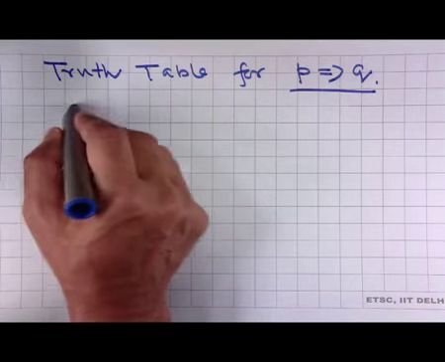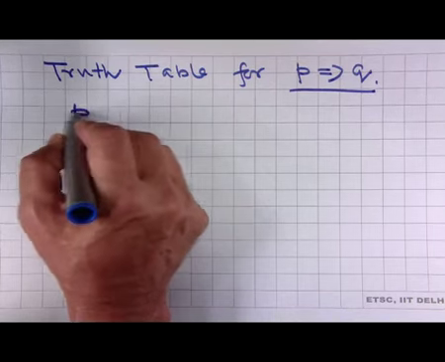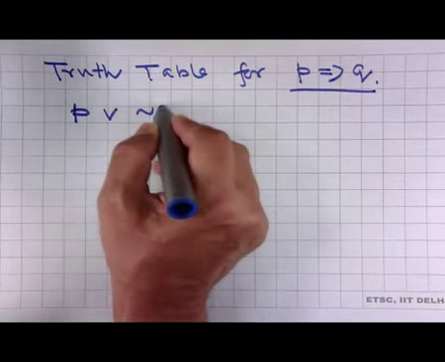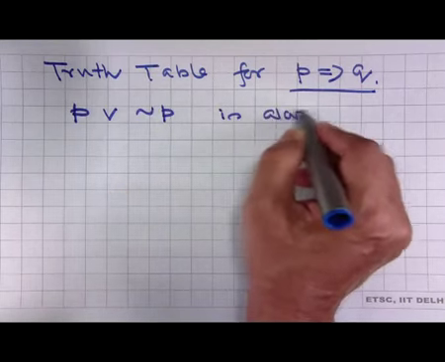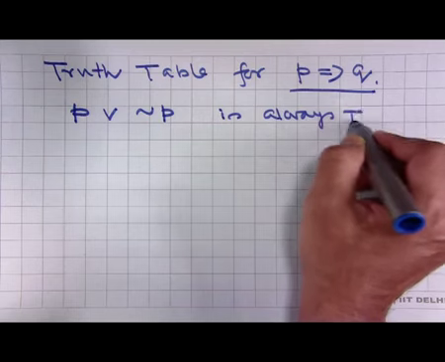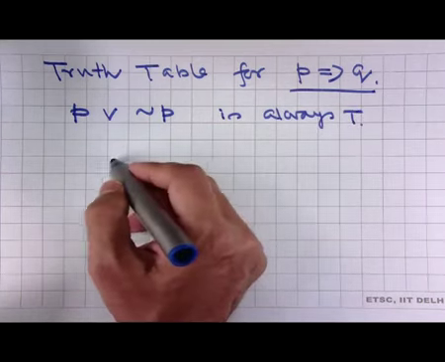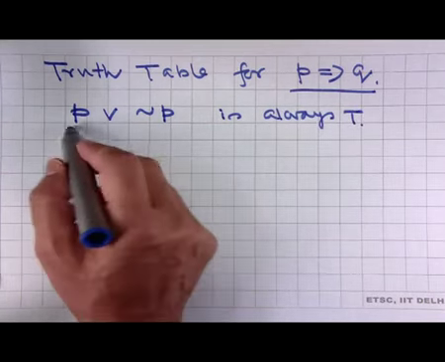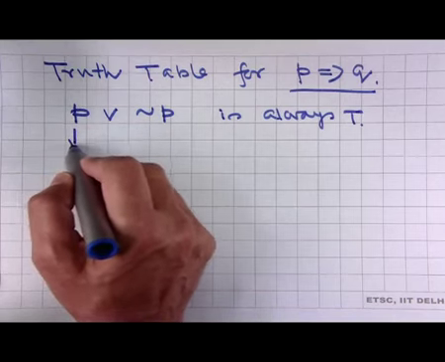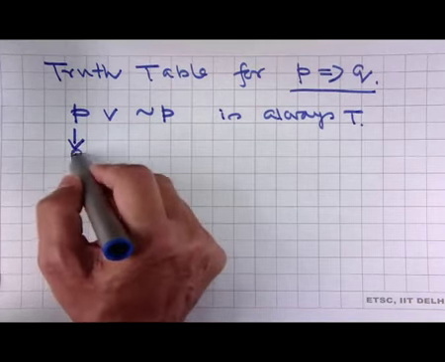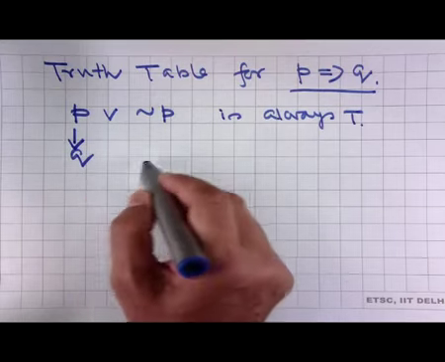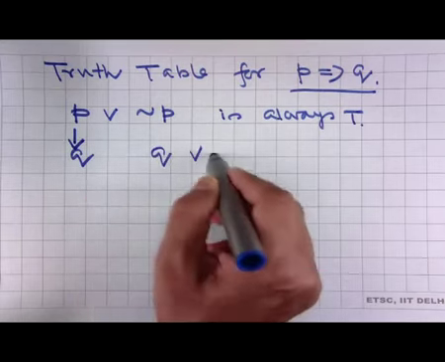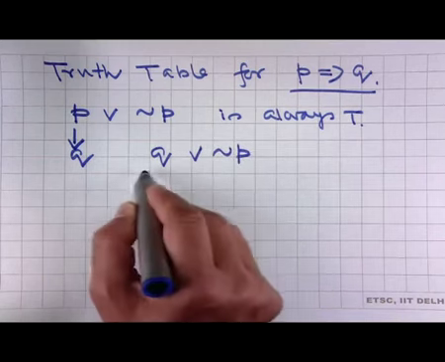We know that P or not P is always true, right. Now, P implies Q, therefore, whenever P is true, Q is true. Therefore, we can write it as Q or not P.